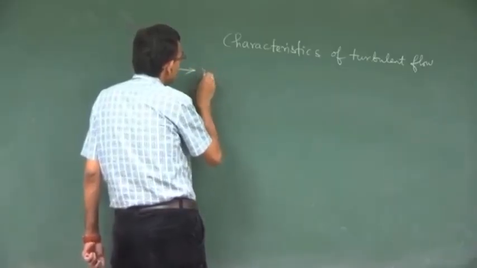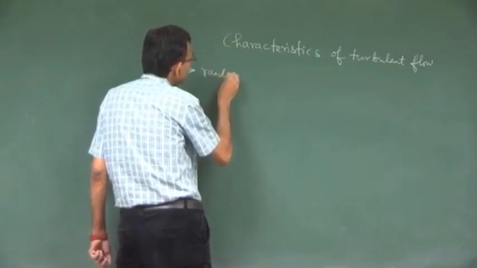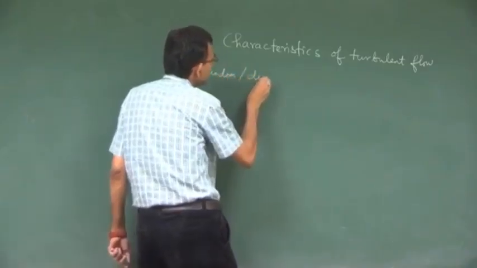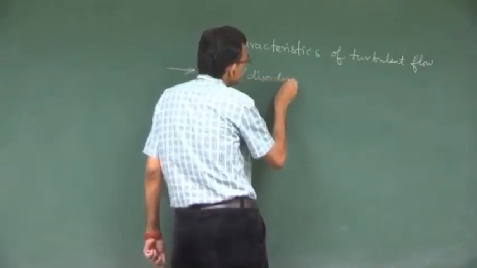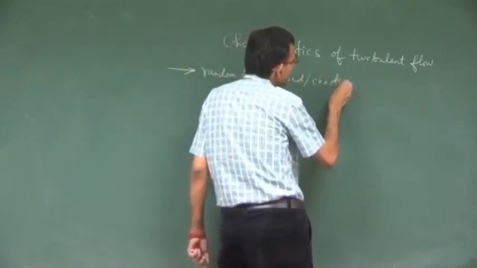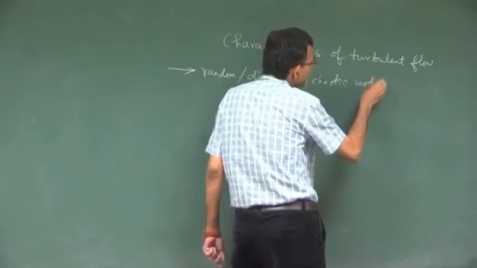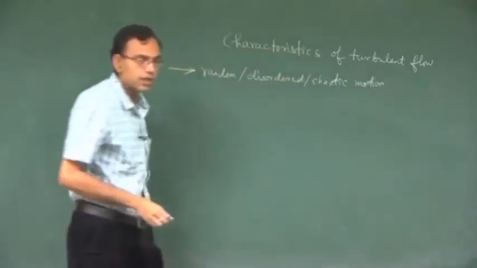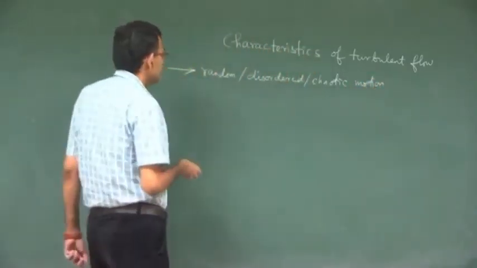Random, disordered, chaotic motion, but we have to understand that any chaotic motion is not turbulent flow, there has to be certain other characteristics.